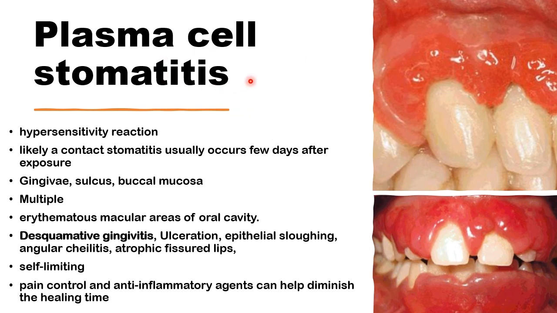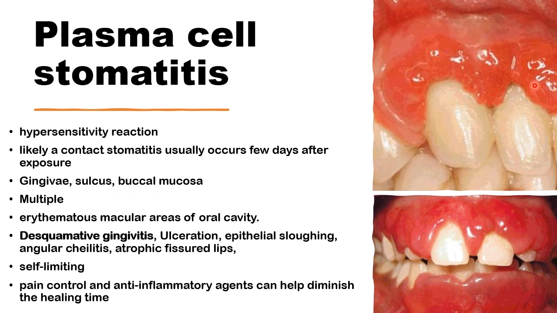Plasma cell stomatitis is an example of contact stomatitis that can be caused a few days after exposure to certain antigens. They mainly affect the gingivae, the buccal mucosa, and the buccal sulcus, and they cause multiple shallow ulcers.